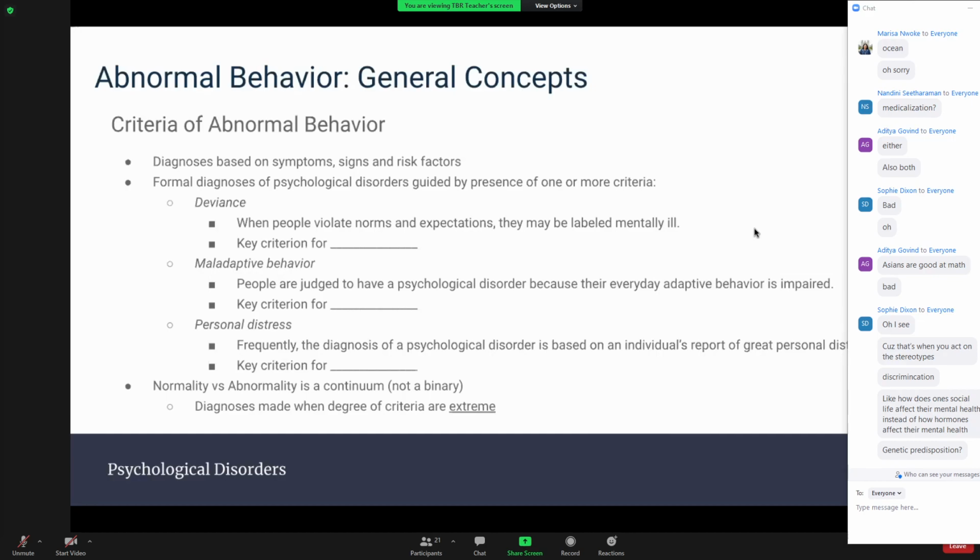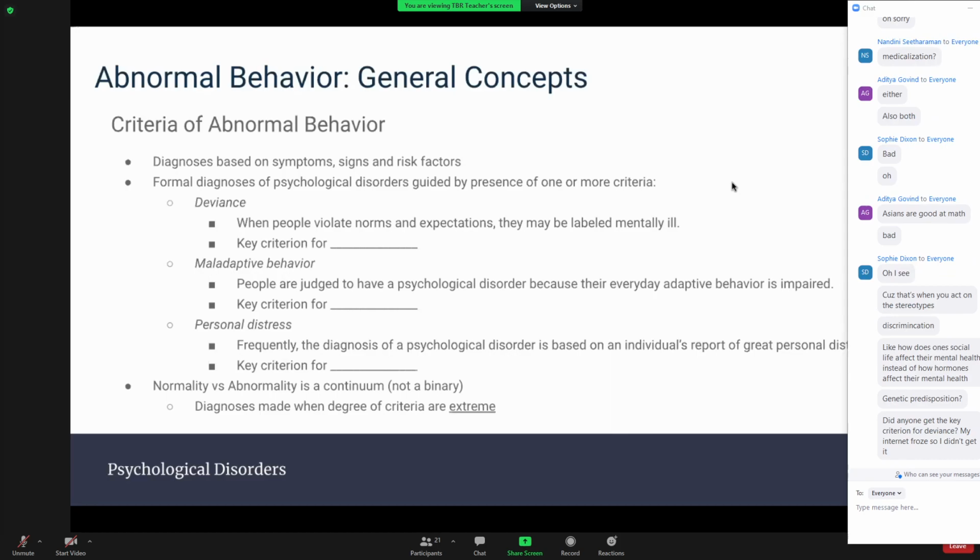So this one is a good one to remember the example for. This is the criterion that's used when diagnosing substance abuse or use disorder. And the reason why maladaptive is the criterion for this disorder is because there's nothing deviant about, say, drinking alcohol or about the use of cocaine. You can think about a lot of different things about the use of cocaine, but it isn't something that's considered deviant in society.